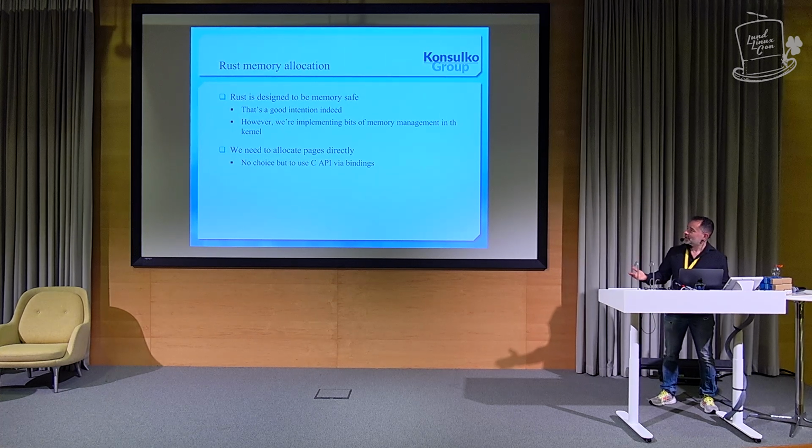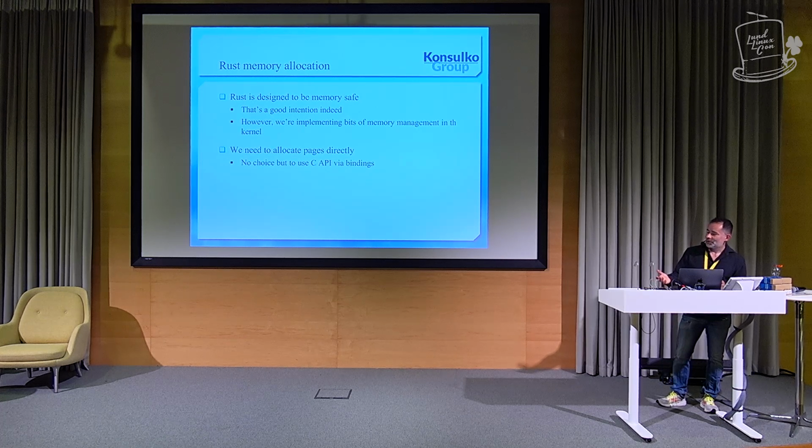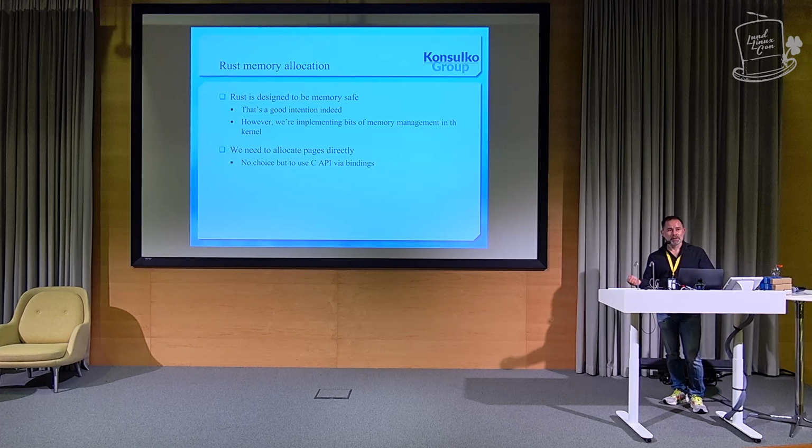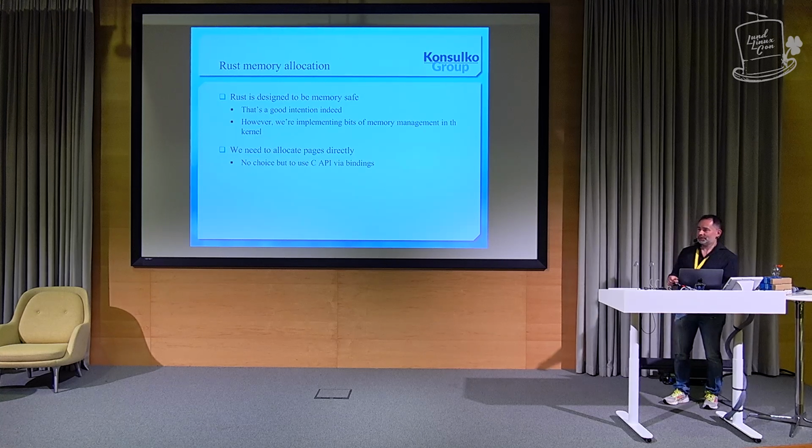If we're implementing bits of memory management in the kernel in Rust, it just can't be memory safe. We need to allocate pages directly, and we did have to use the C API, but the thing to look after here is to try to minimize the amount of marked unsafe blocks in Rust.